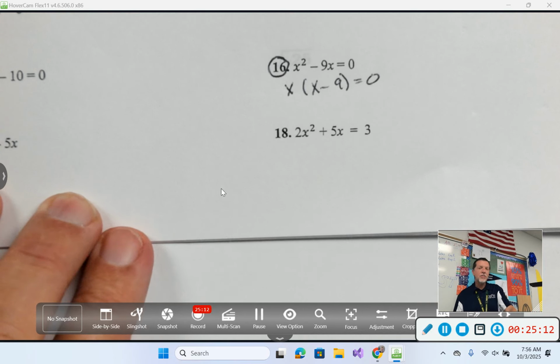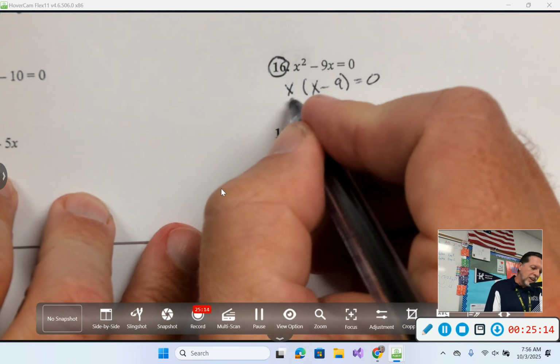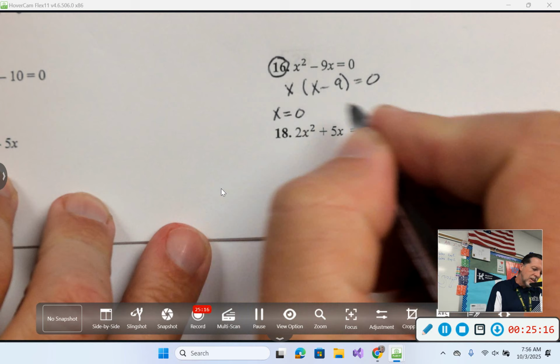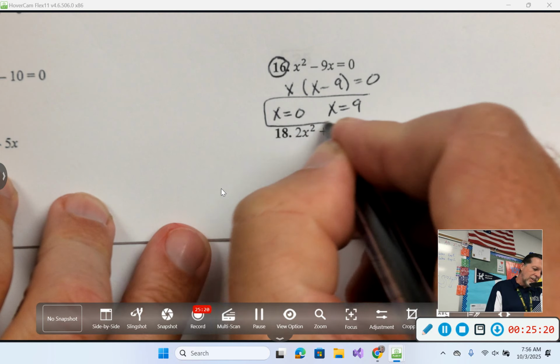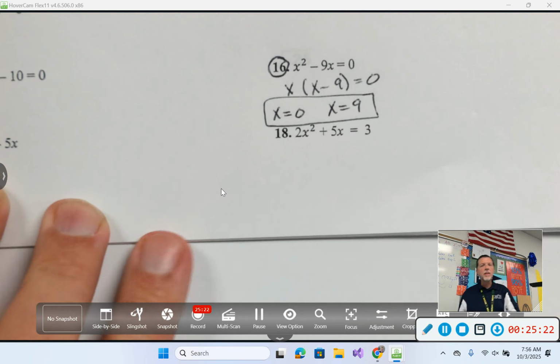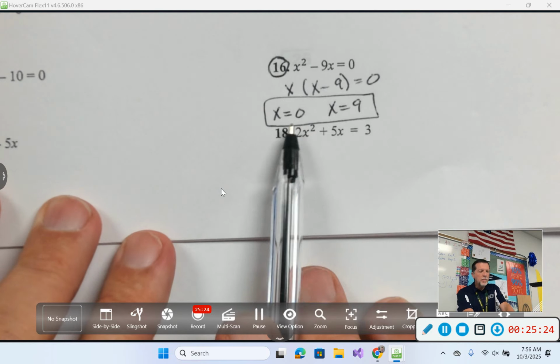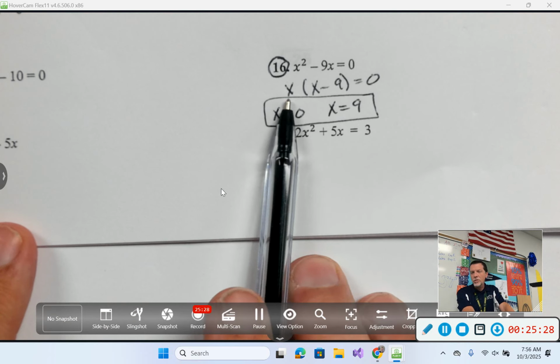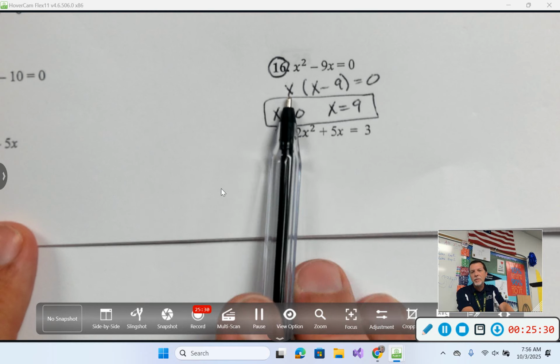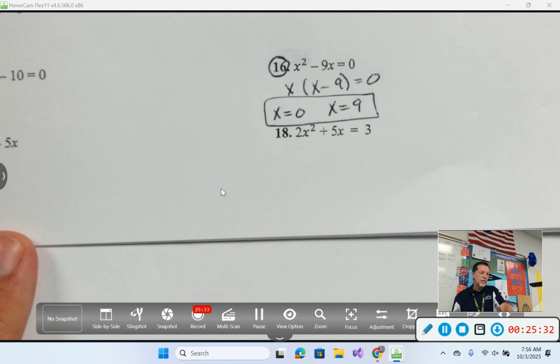So let's set each factor equal to 0, including the x out front. So I get x equals 0 and x equals 9. And that's it. But sometimes the thing out front, if it's just a number, doesn't contribute to the solutions. But if there's an x there, a variable there, then it does create a solution.